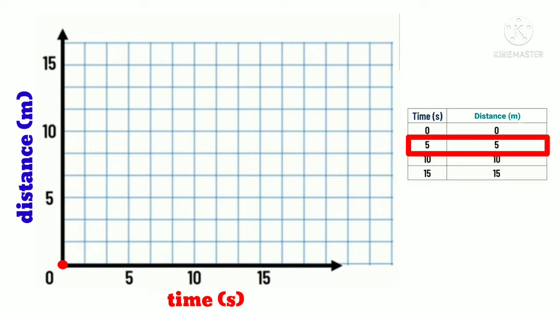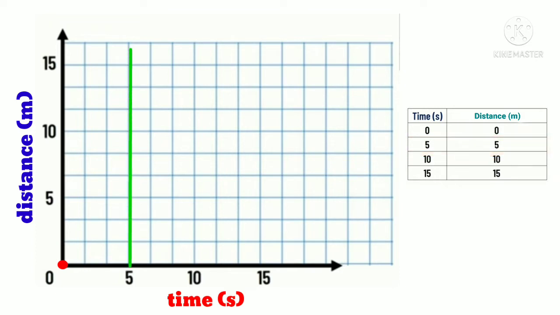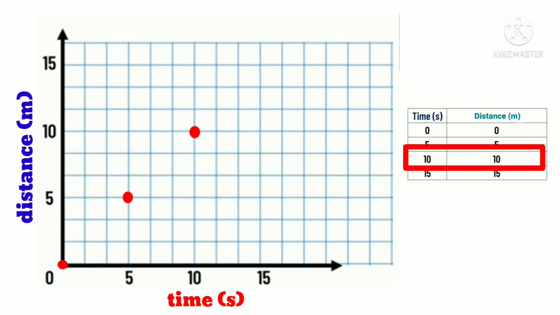At 5 seconds, the distance of the ball is 5 meters. Here, we need to locate 5 seconds on the x-axis and 5 meters on the y-axis. Then, locate the point of intersection between 5 seconds and 5 meters. Correct! The data will be plotted here. Do the same on the remaining data.